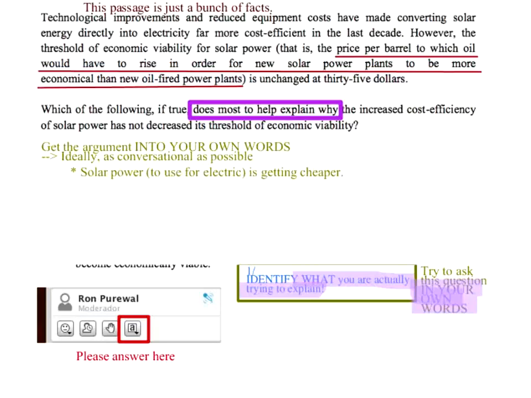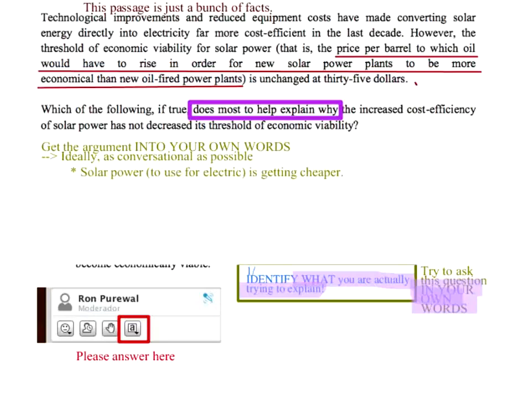"The price per barrel to which oil would have to rise in order for new solar power plants to be more economical is unchanged." What that is in my own words is how much would oil have to cost to equal out the cost of solar power.